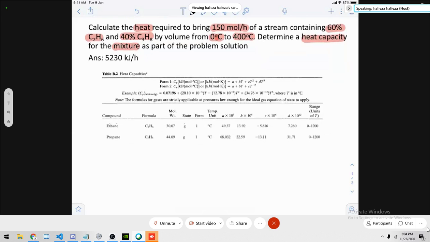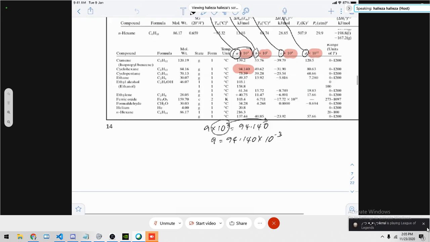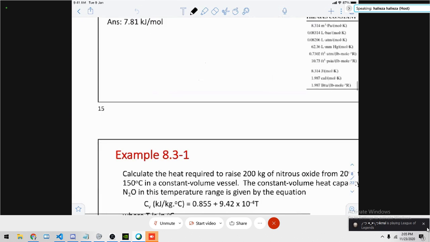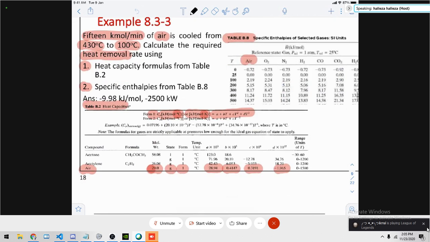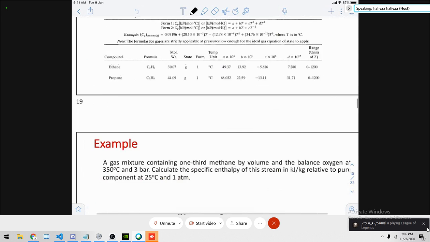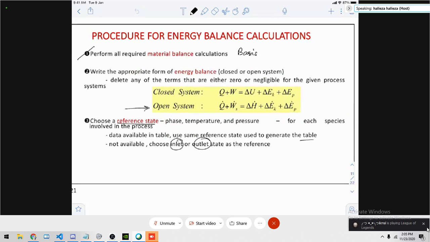But before looking at this, I need to go back to the notes regarding the procedure for energy balance. I did mention that last time. Okay, this is the procedure.